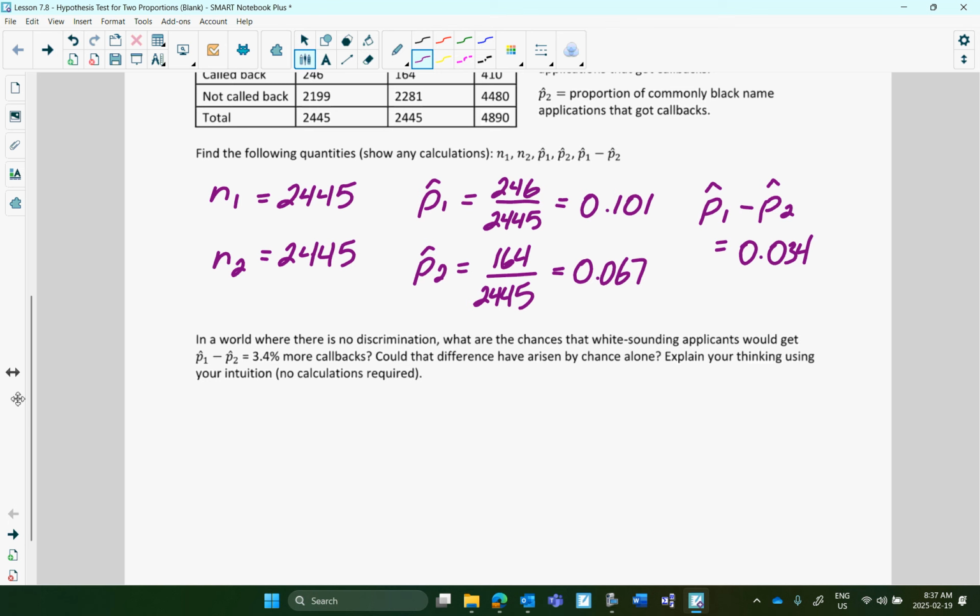It seems to suggest that white name applicants were preferred to black name applicants, but we don't know for sure, so we need to study it more statistically. Could have arisen by chance alone, maybe not. More study is needed.